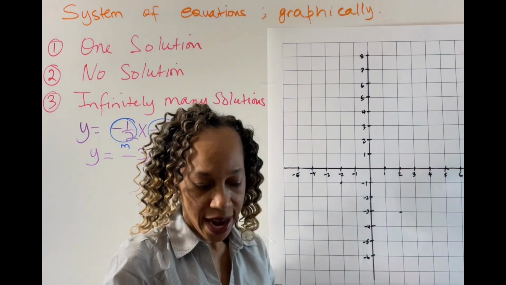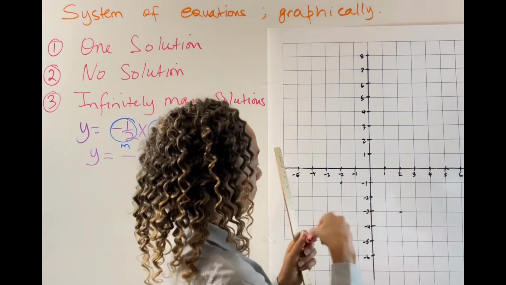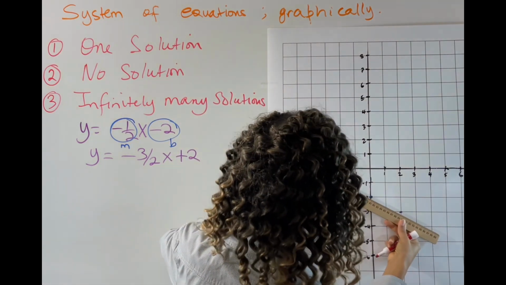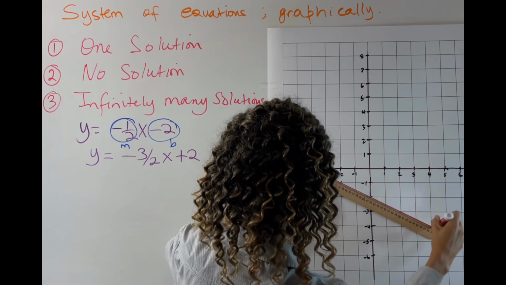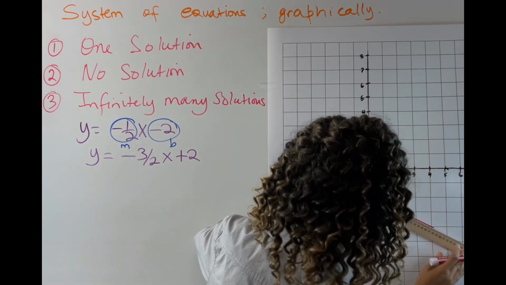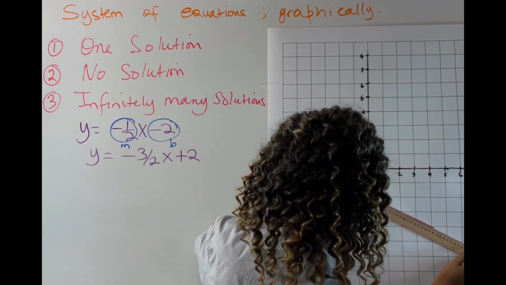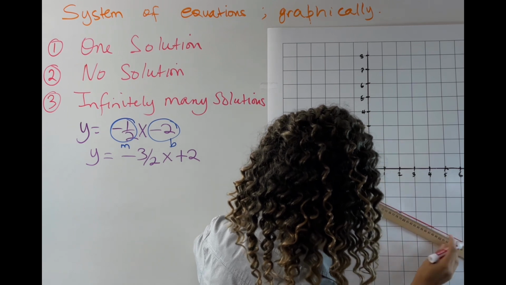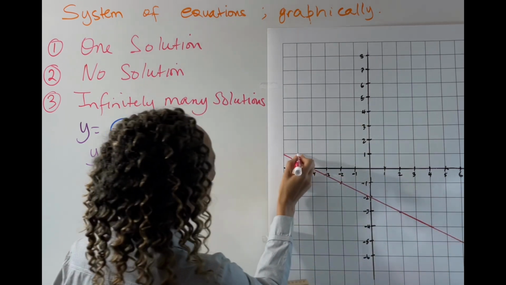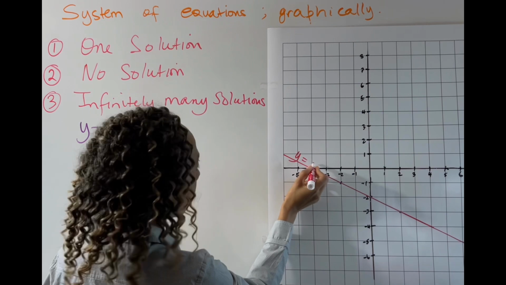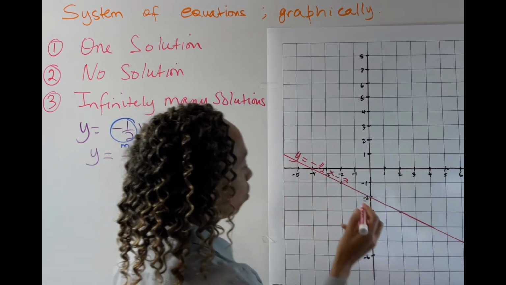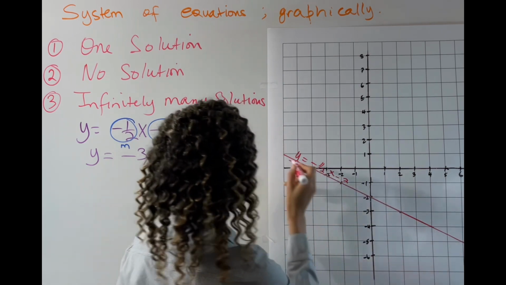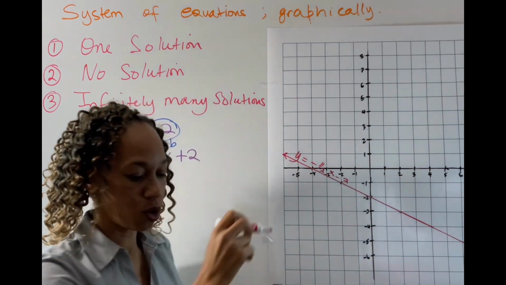Now you are going to connect all your points. And you have to label your graph, y equals -1/2 x minus 2. Put an arrow at the end to show that the graph does continue.